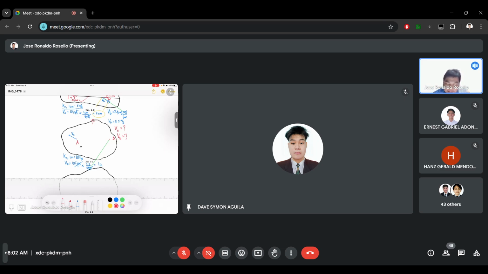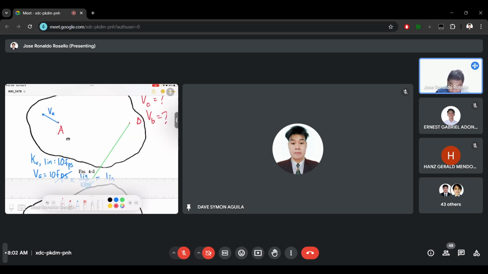First, let's determine velocity B. First step, let's make a straight line by connecting point A and point B. This straight line will be our reference in the velocity analysis.